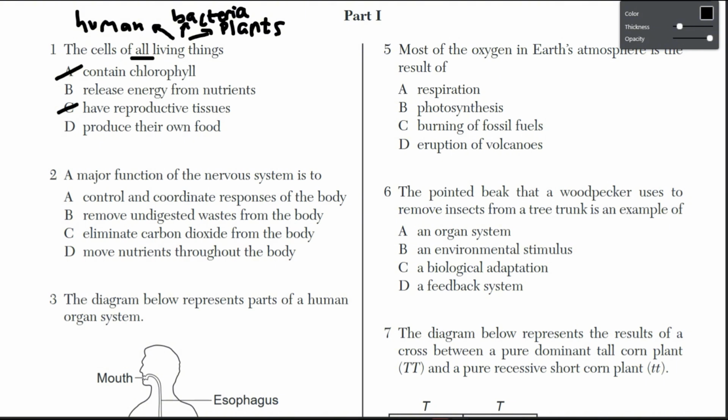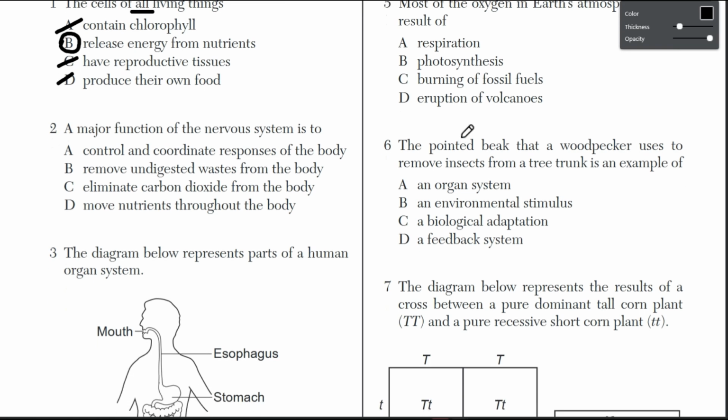D, produce their own food. Well, plants definitely do build sugar from photosynthesis, but do humans? Do we stand outside in the sun and build sugar? I don't think so. I think we are, in fact, consumers, so that one cannot be correct as well, which means that our inkling here that it could have been B is correct.